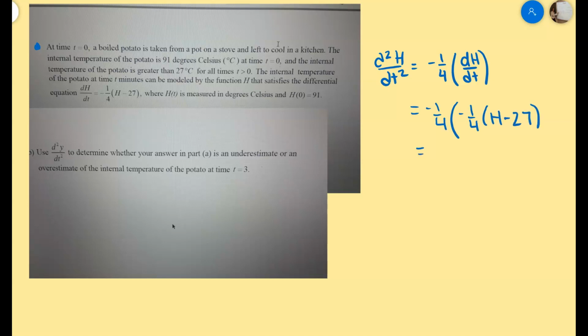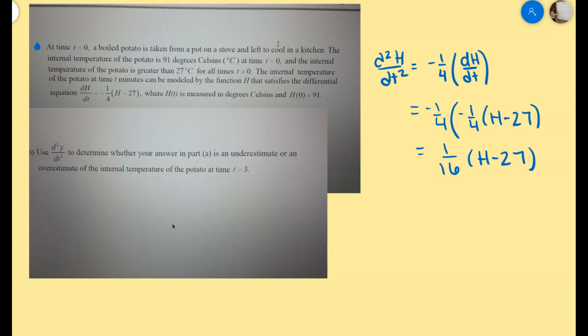Negative times a negative is a positive 1/16 (h minus 27). So the second derivative is a positive function that is linear in a sense.